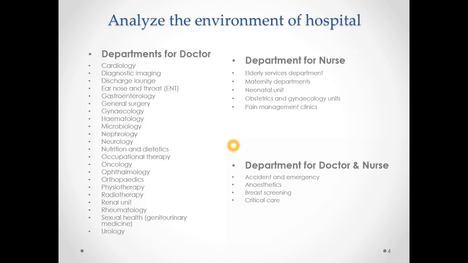If we look at this vertically, most departments are for doctors who work in them or for nurses who serve in them. Putting similar elements together could be the best way for this project.